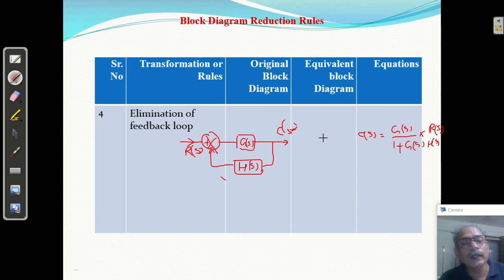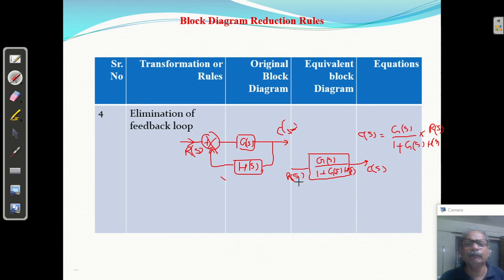Okay, so you can replace this by a simple transfer function, which is what? G of S upon 1 plus G of S H of S. This is C of S. That is reference input and controlled output.